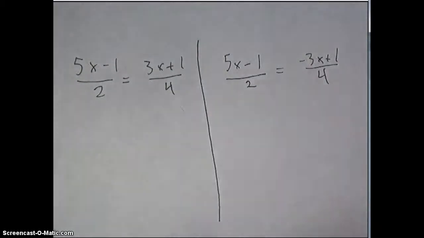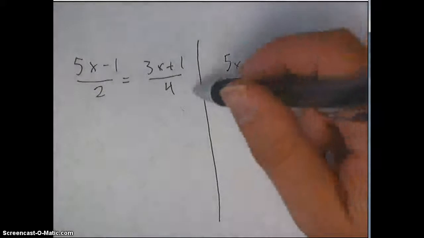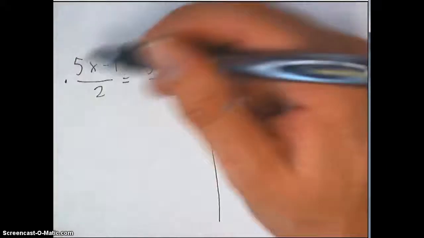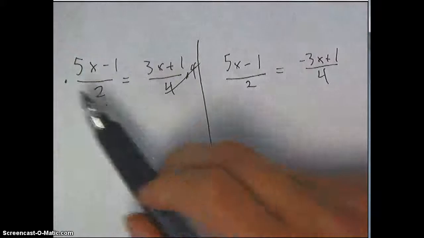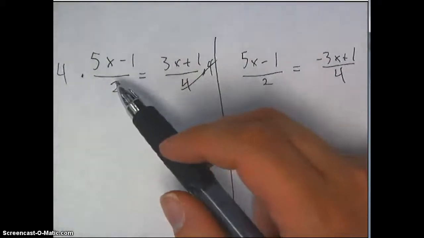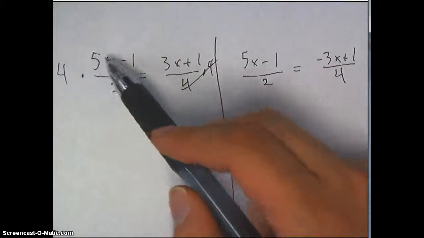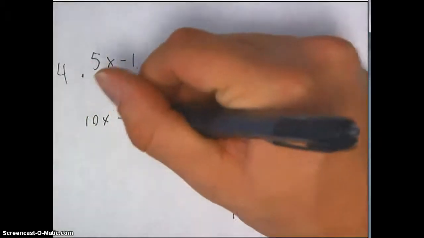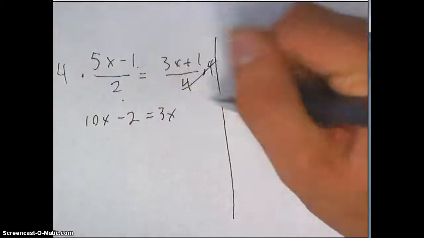Let's multiply both sides by 4. So when you multiply these by 4, those 4's go away. 4 over 2 is just 2. So I'm going to multiply both terms by 2. So that's 10x minus 2 equals 3x plus 1.